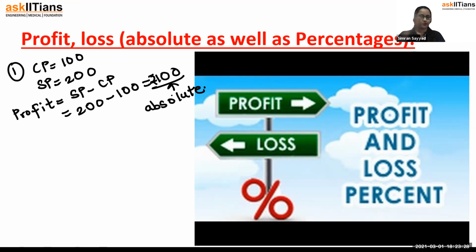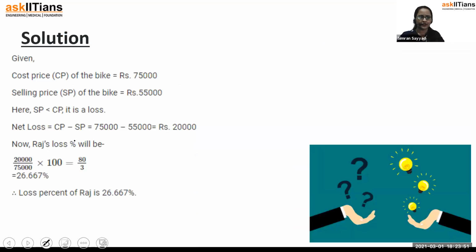Now, if you are supposed to get the percentage profit, what do you have to do? See, we did this in percentage increase and decrease, right?